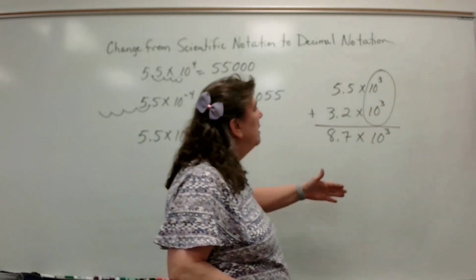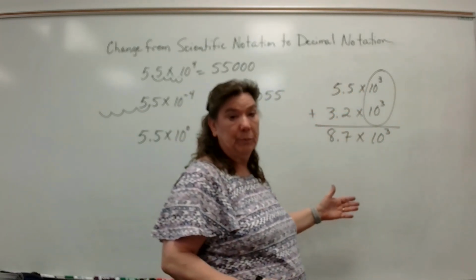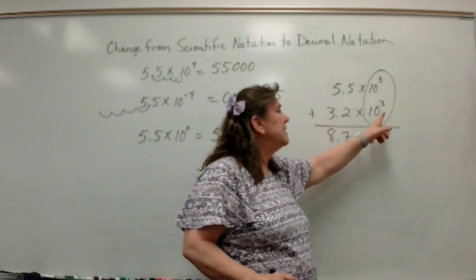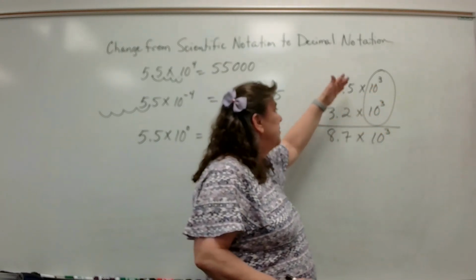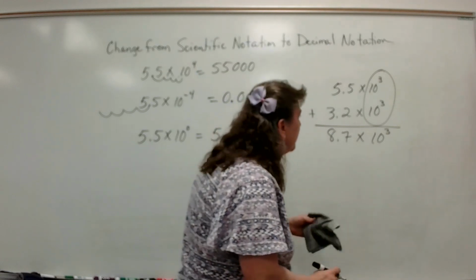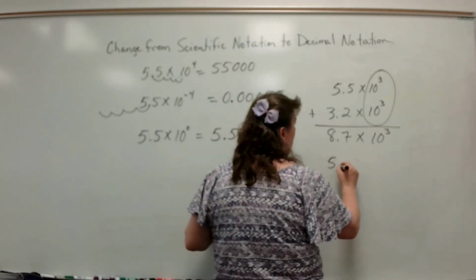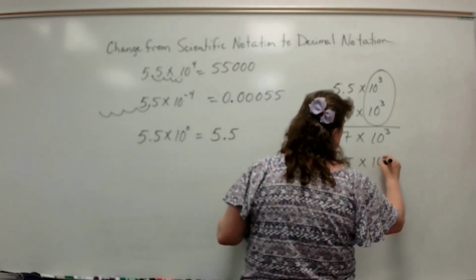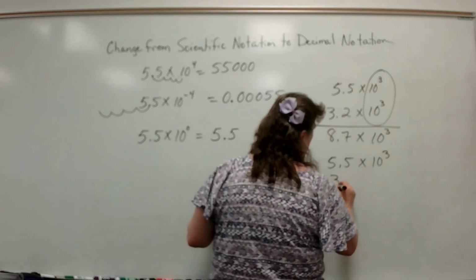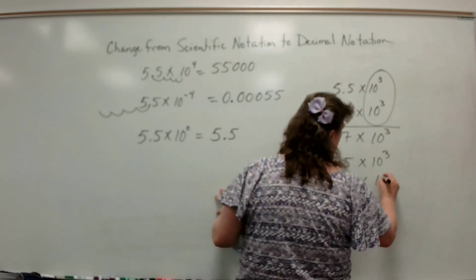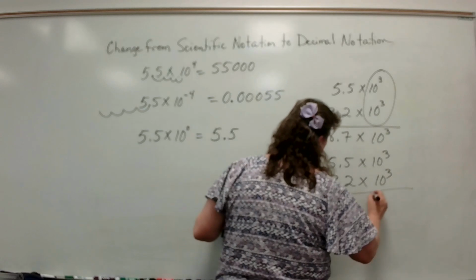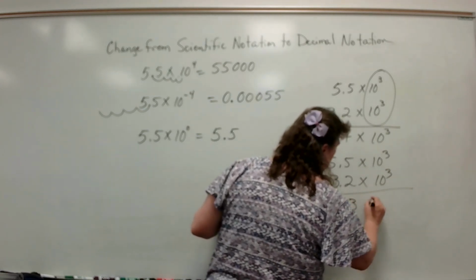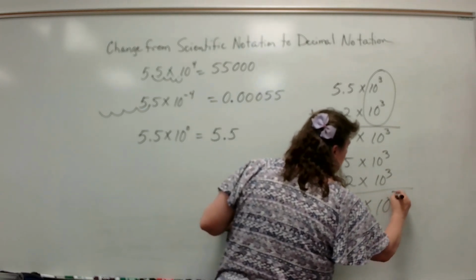It works like having like terms because this and this are the same. So then we could add or we could subtract them. 5.5 times 10 to the third minus 3.2 times 10 to the third means that you'll have 2.3 times 10 to the third.